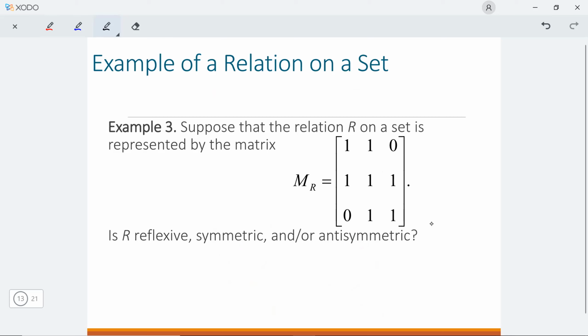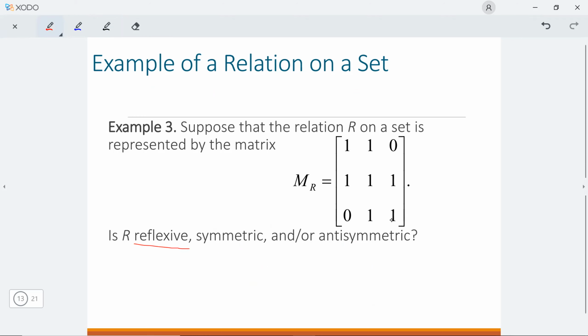Okay. Now let's look at this example matrix. Let's use this matrix to check: is this reflexive or not, symmetric or not, antisymmetric or not? To check if it is reflexive, we need to look at the diagonal elements.